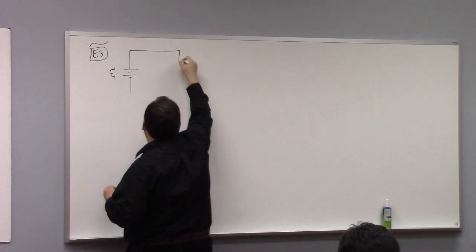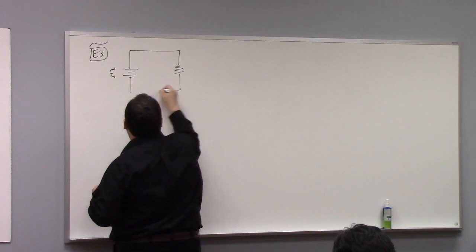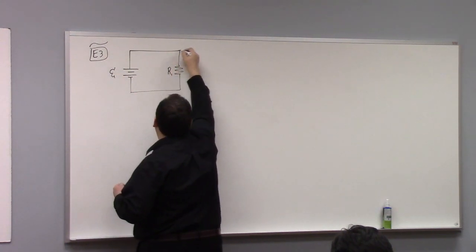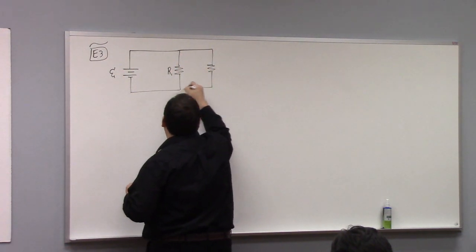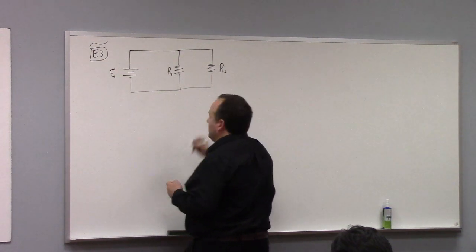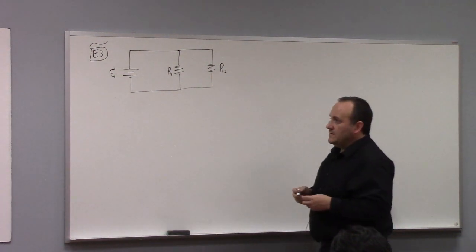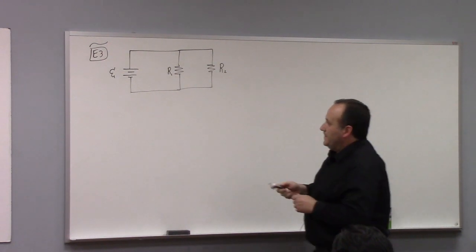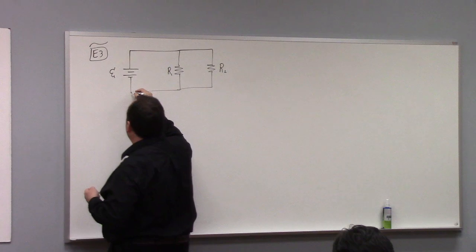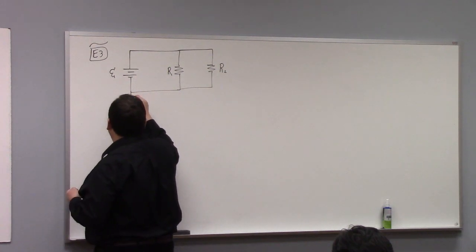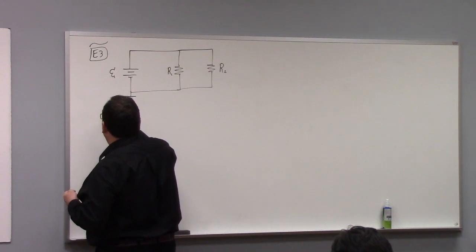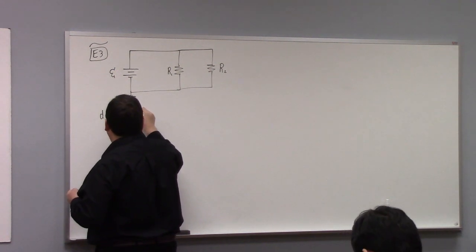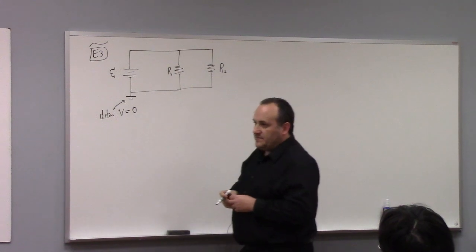So here's E. Here's my first resistance. Here's my second resistance. You'll forgive me for not putting numbers in, but numbers would just distract us at this moment. We'll put numbers in before too long. Don't worry, I promise. So what I do is I define voltage equals 0 where ground is.